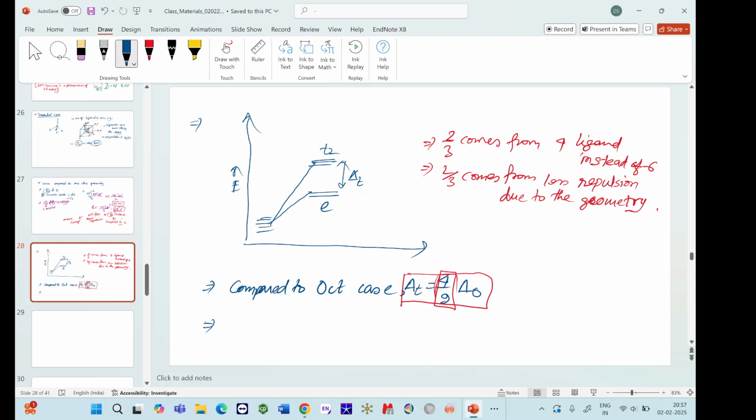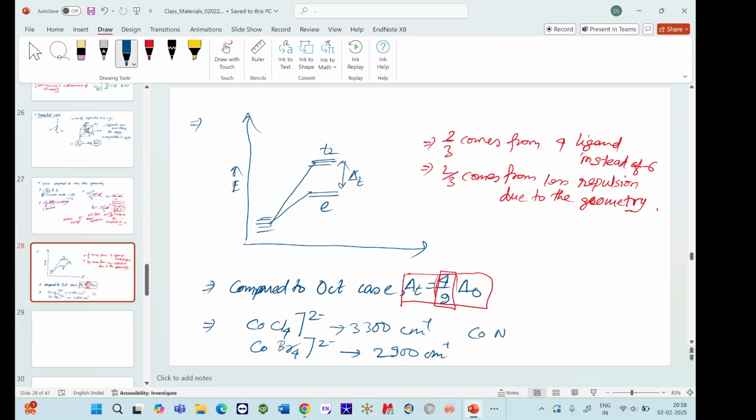Typical values for these complexes will be, say for this one, 3300 centimeter inverse. It's 2900 centimeter inverse.